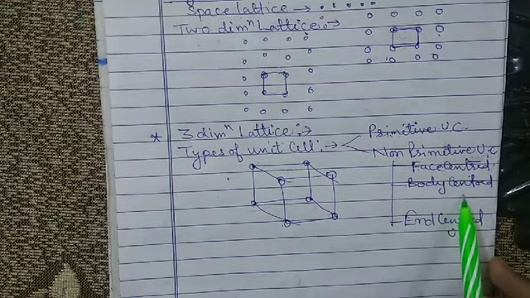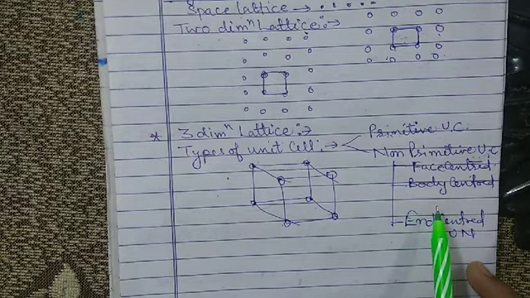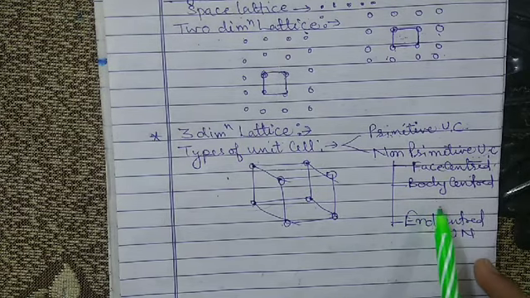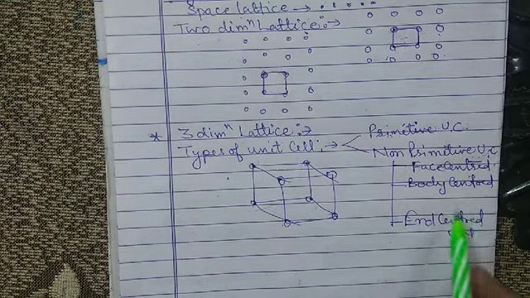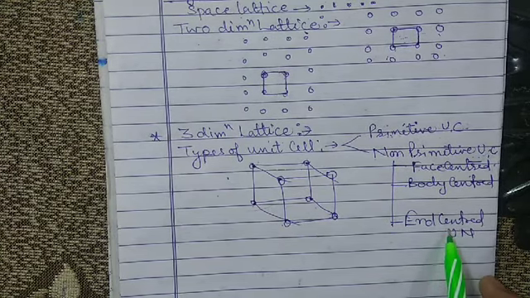Body-centered unit cell means the points are present at the corner as well as at the body center of the unit cell.